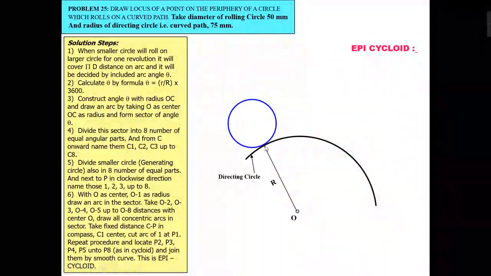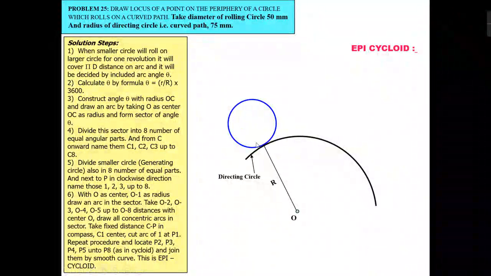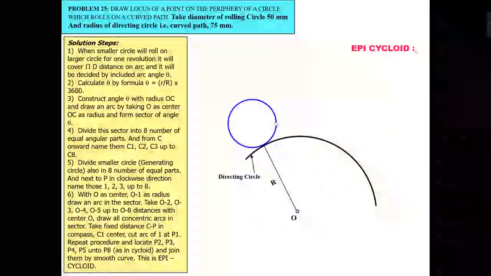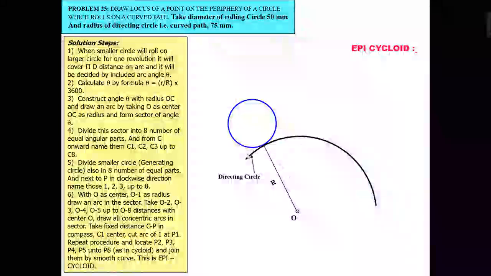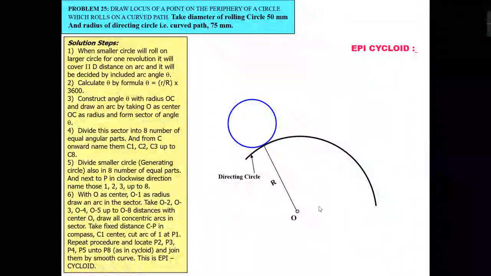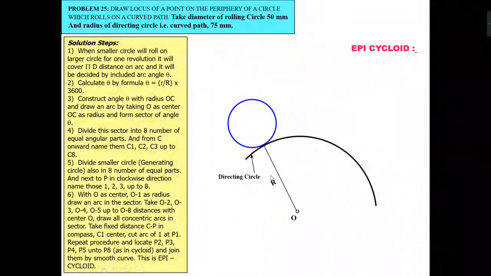Okay, so how will you mark that distance from this curve? The distance that I know is 2 pi r if you take a small r, and the length of this whole circle will be nothing but 2 pi r.